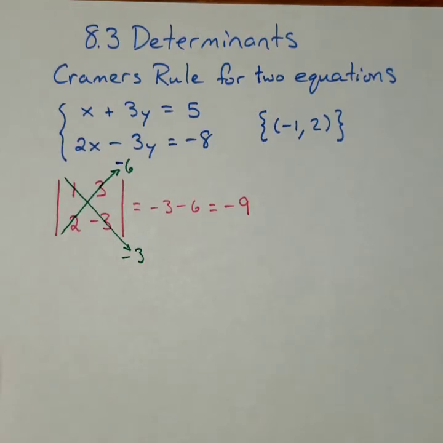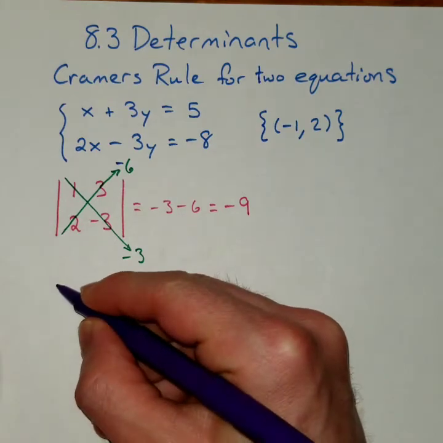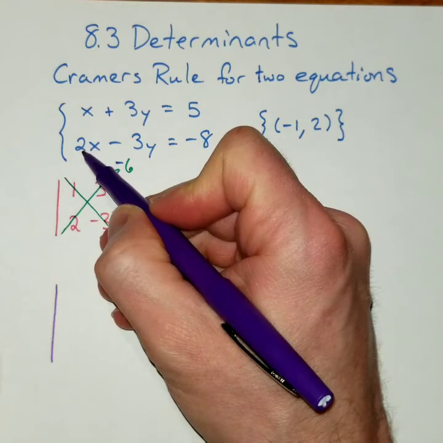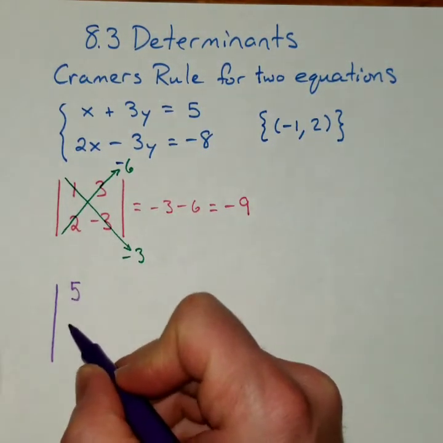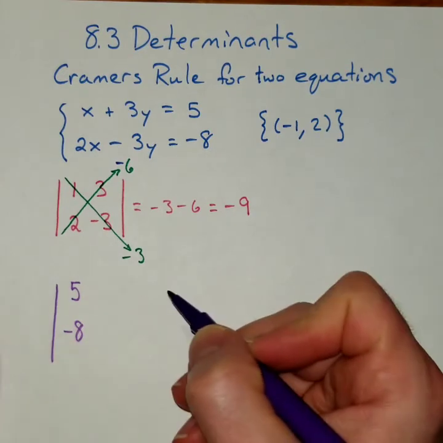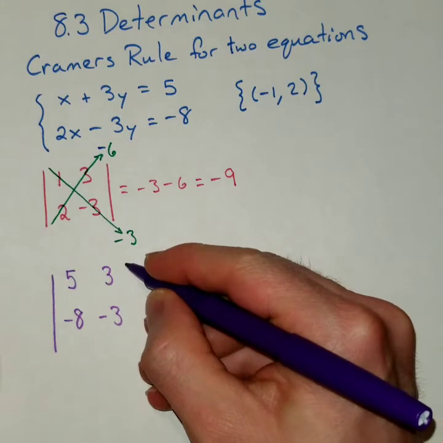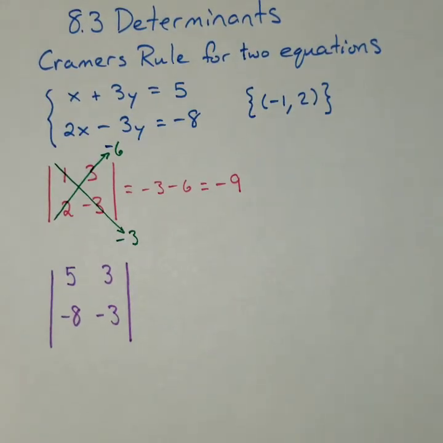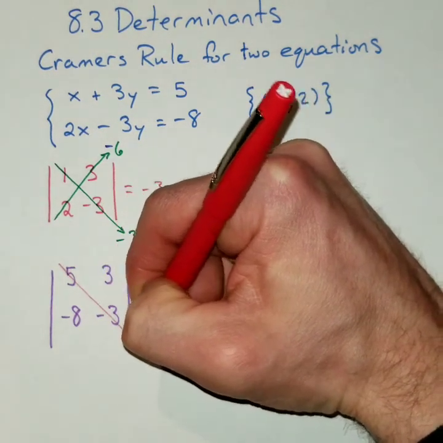Another matrix that's going to be very important is one where you replace the x column with the constants. And so the first column becomes 5, -8. The second column stays 3 and -3. Again, we do the determinant, so we multiply the diagonal down.